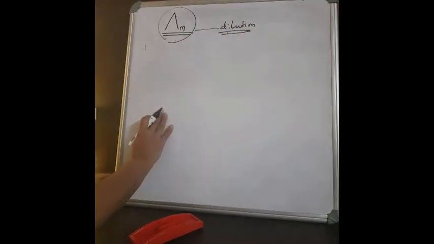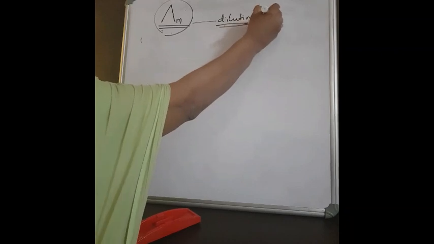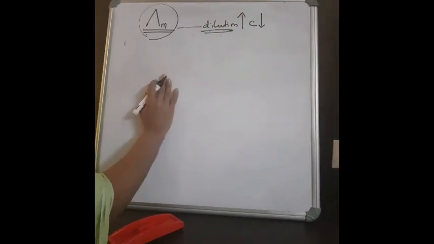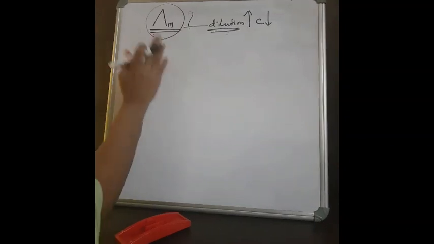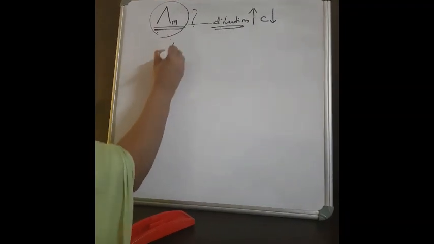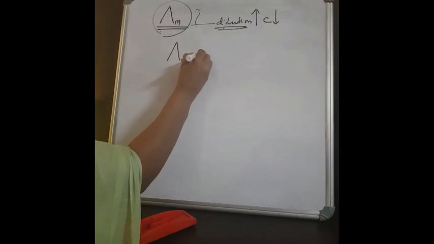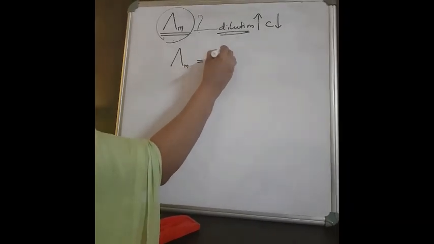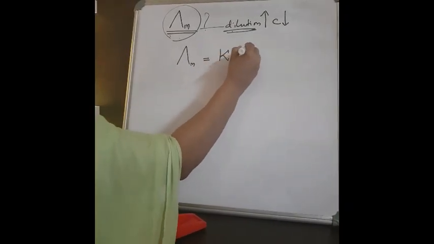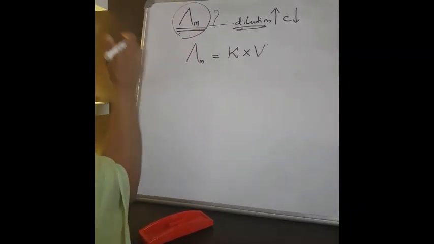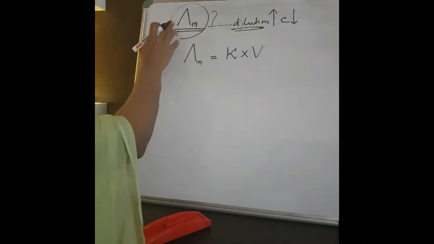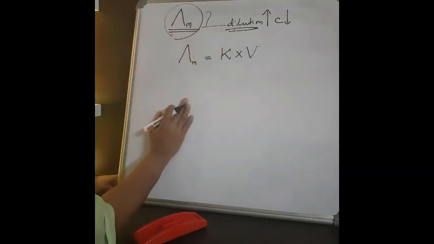See, dilution increases means concentration decreases. Now what happens to this lambda m on dilution? Coming back to the equation, you know lambda m is equal to kappa, the conductivity, into the volume. Listen carefully, this is also a board question. What is the variation of molar conductivity with dilution?